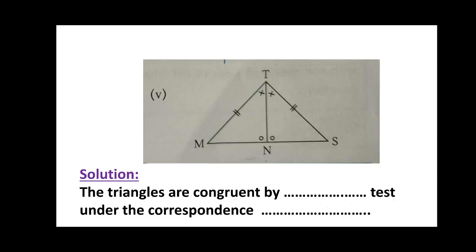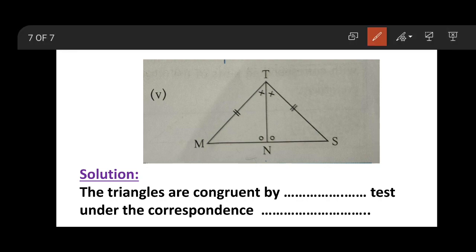Okay, now go for the fifth question. Again observe the figure. Can you find the test for it? You can see angle, angle, so one angle, here again angle, angle, and a side. Either you write AAS test or SAA test.